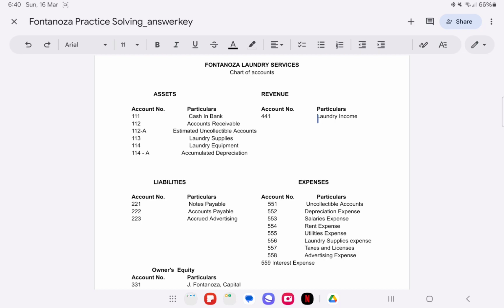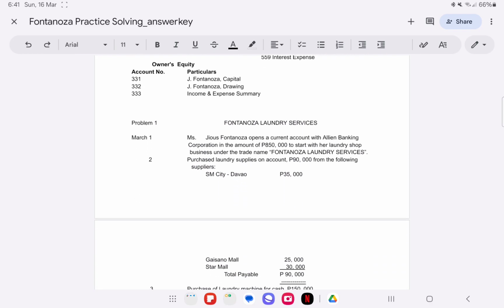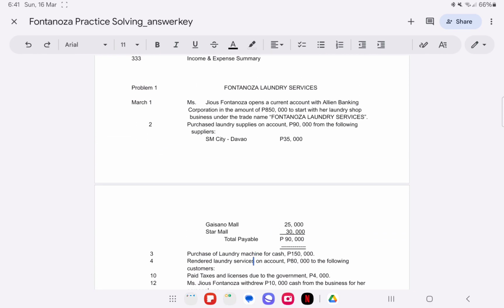Okay, so this is laundry income, which is 441. So we need to credit laundry income because in this transaction, as the business owner of this company, we are aiming for a profit of the business.